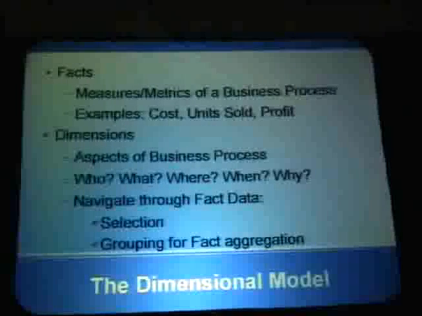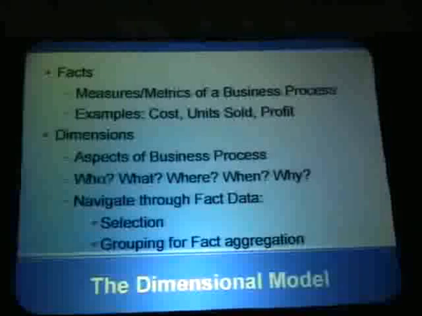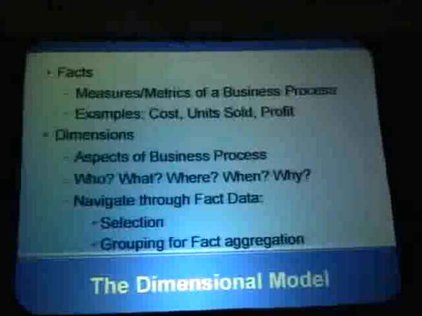So if you're talking about, for example, sales, then something like the profit would be a typical sales metric, and the dimensions which you would use to look into this metric would be when was something sold, in which store was it sold, who bought it, what customer was it. So those are the different things you're dealing with in an OLAP database.